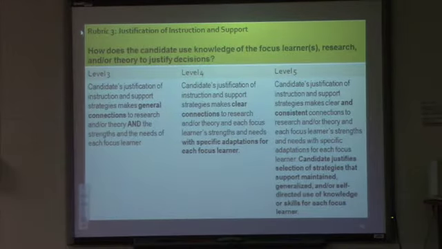So rubric 3. The question: how does the candidate use knowledge of the focused learners in terms of research and/or theory to justify decisions? Makes clear connections to research and/or theory and each focused learner's strengths and needs with specific adaptations for each focused learner.